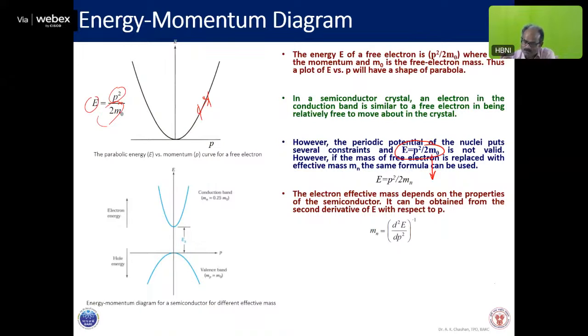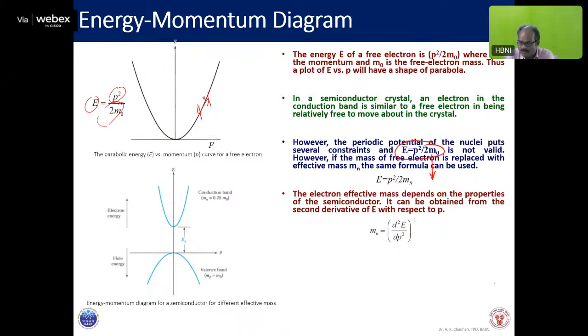So then the concept of effective mass comes. In order to keep this parabola the same, we say that the parabola is fine, but for certain p values the mass becomes infinite, for certain values the mass will be more, and for certain values much more.